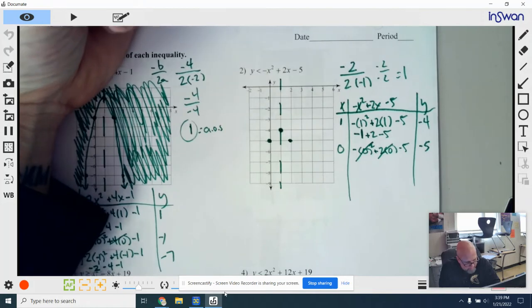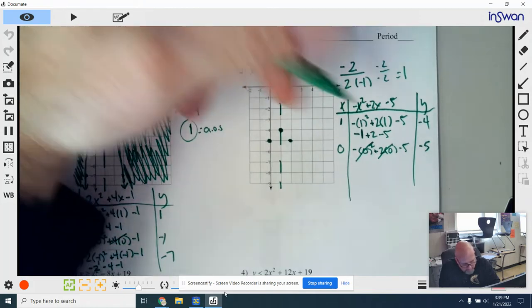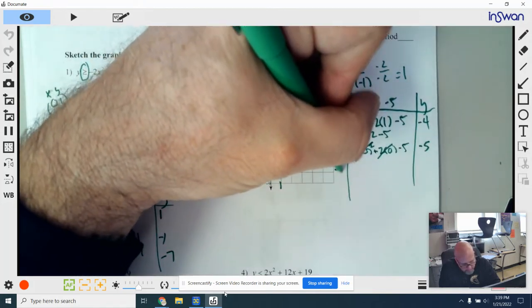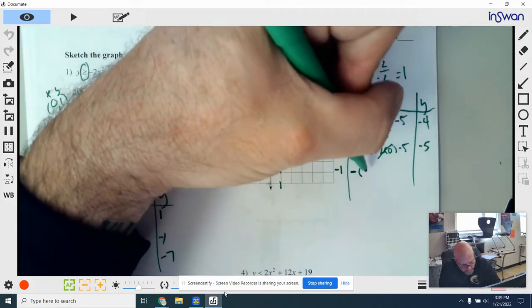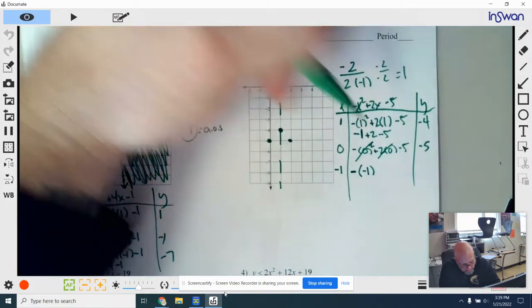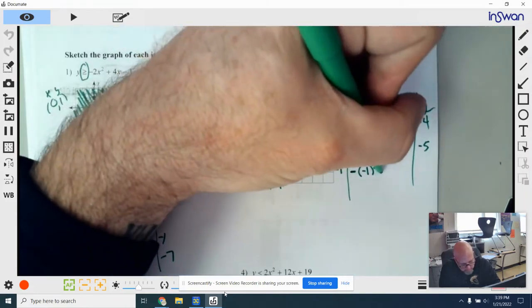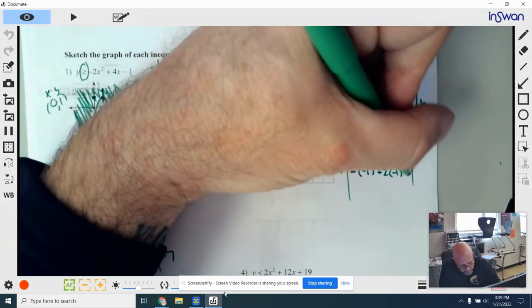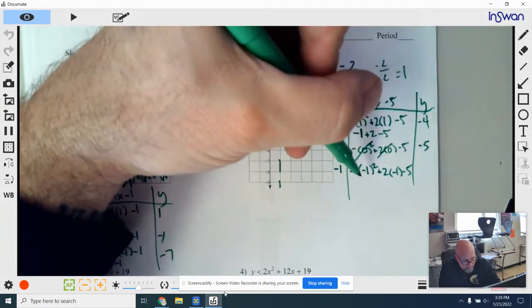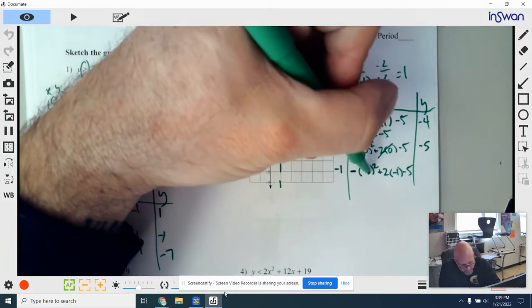And I need one more point. So I'm going to plug in -1. And I have a negative. Then I do parentheses. (-1) squared plus 2 times -1 minus 5. Okay, order of operations says you got to do exponents first.